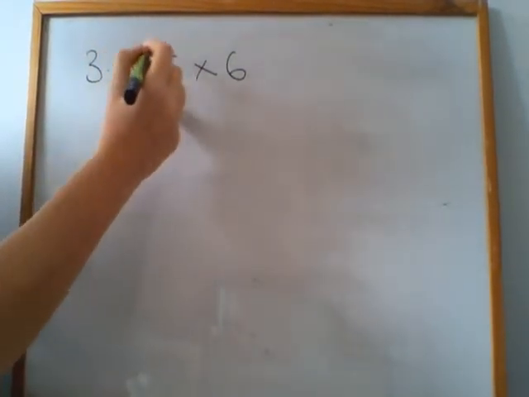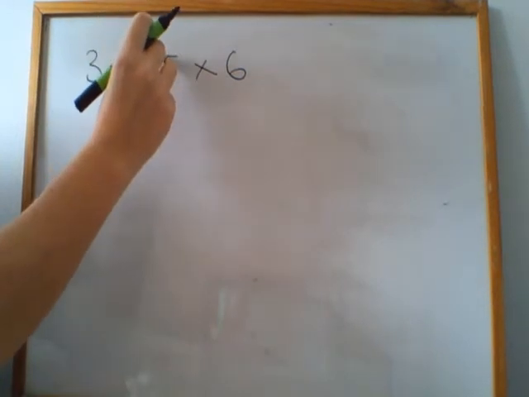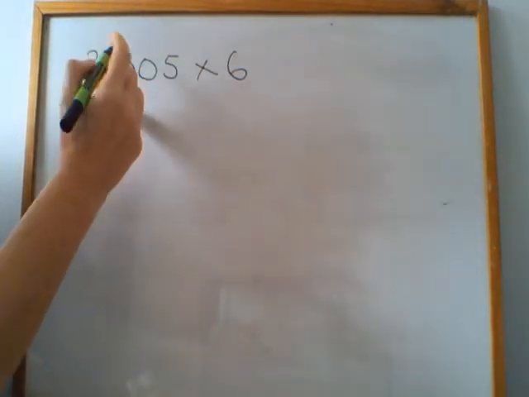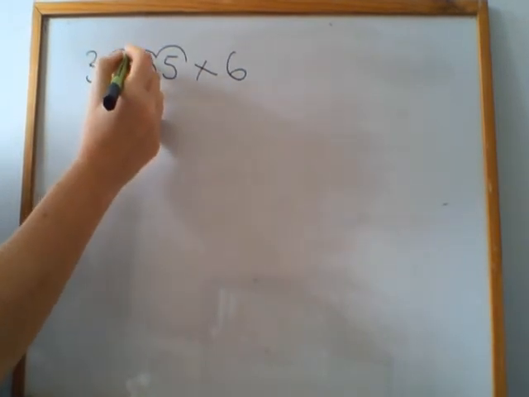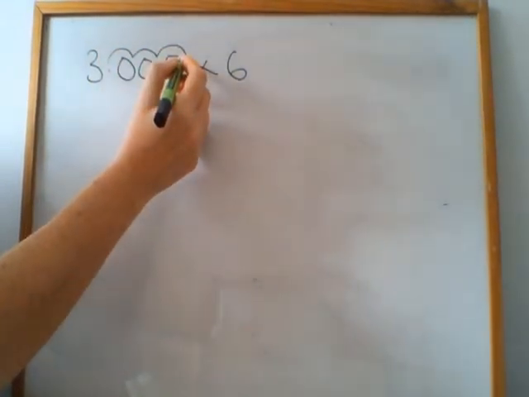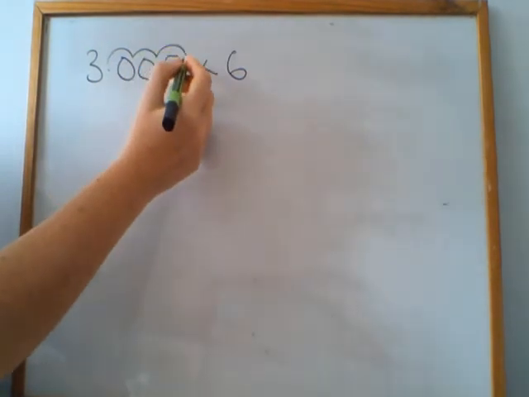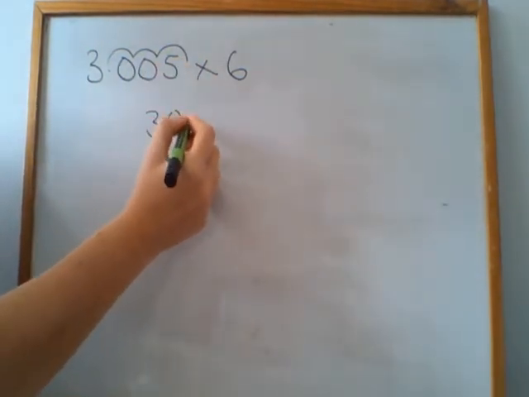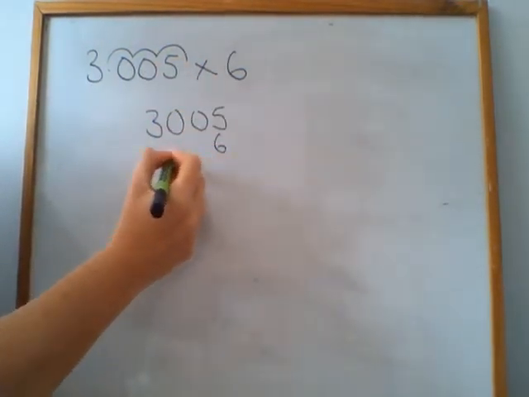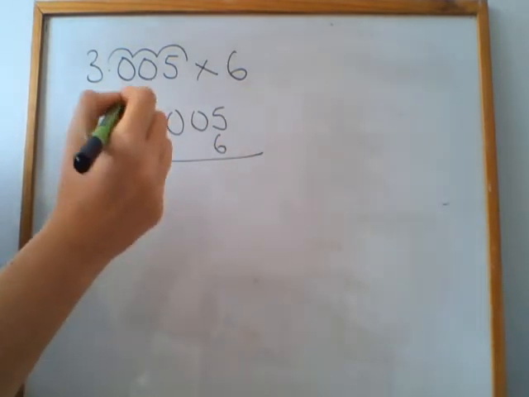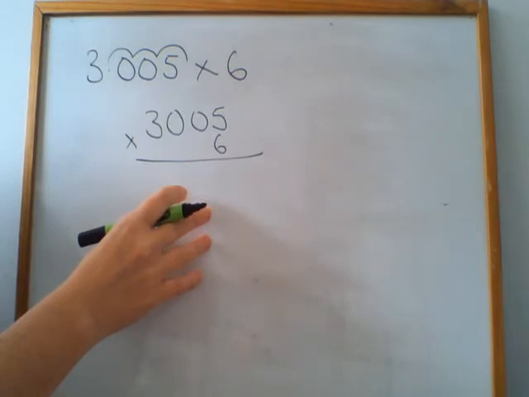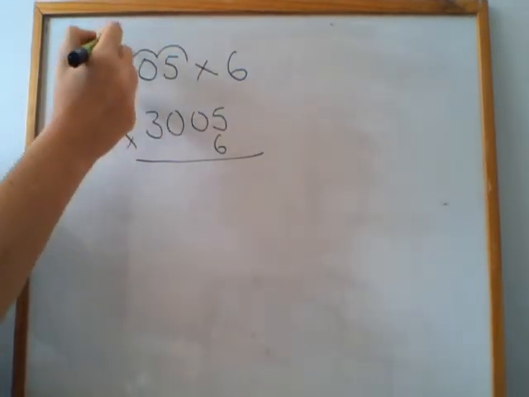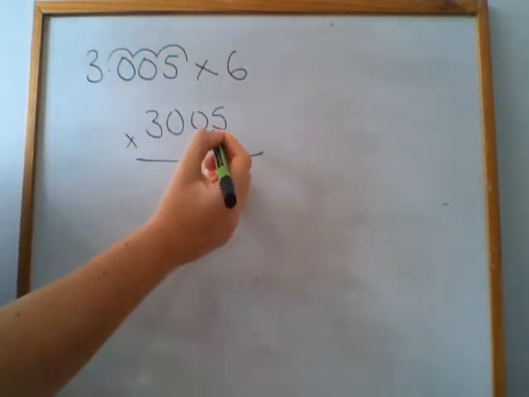To make this into a number without the decimal, you can move it 1, 2, 3 places. You can multiply it by 10, 100, 1,000. So if you multiply this by 1,000, you get the number 3005 times 6, which is easier then to work out. You don't have to worry so much about your decimal. So you must remember when you get your answer to move it back.